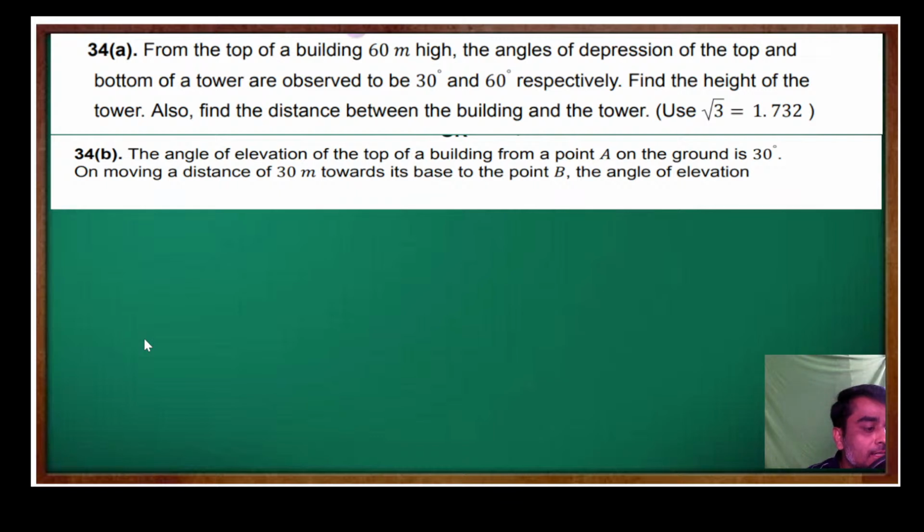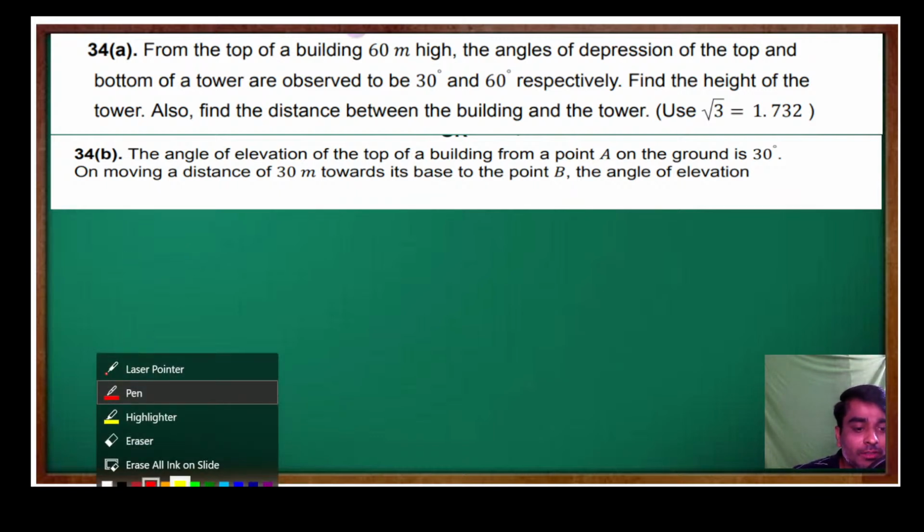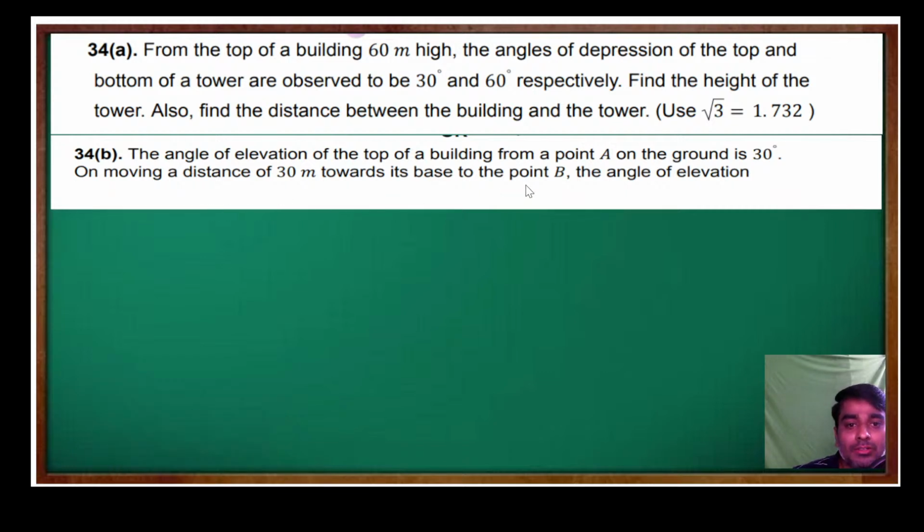Now this question is about angle of elevation. So first draw the figure. The angle of elevation of the top of building from a point A on the ground is 30 degree. On moving a distance 30 meter towards the base of the point B, the angle of elevation.